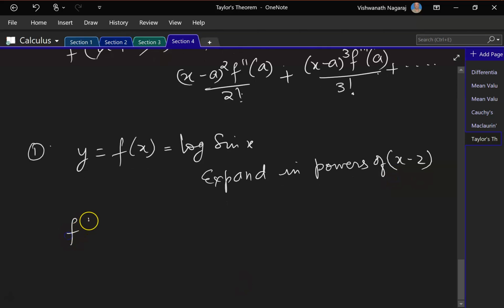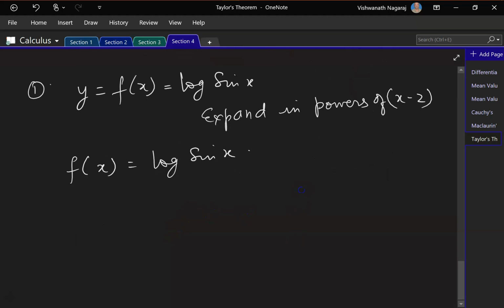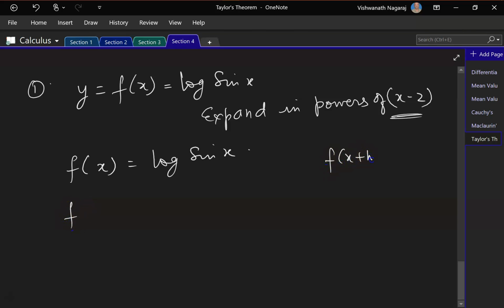Okay, we have f of x is equal to log of sine of x. Now remember, we want this in terms of x minus 2. So which means in case of x plus h, we want the h to be x minus 2, right? So let's make this as x minus 2 plus 2.